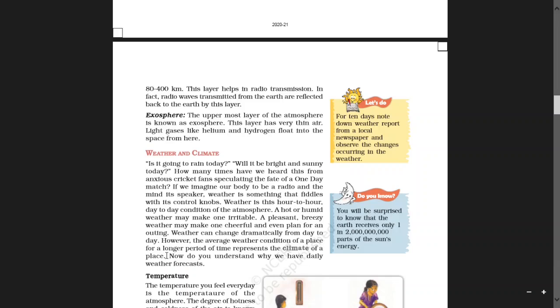Weather we can know day by day, but if we want to know the climate, we need a longer period of time to wait. Now, do you understand why we have daily weather forecasts?